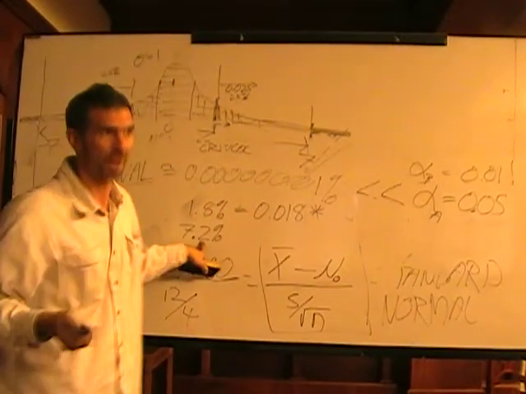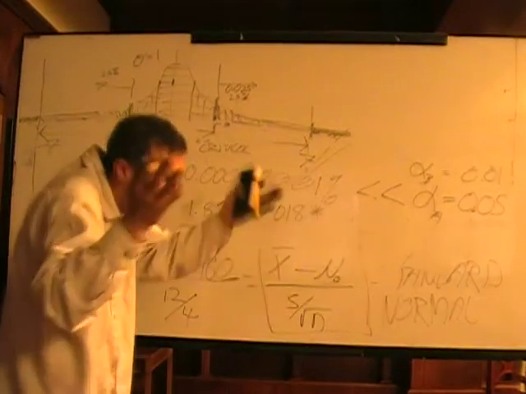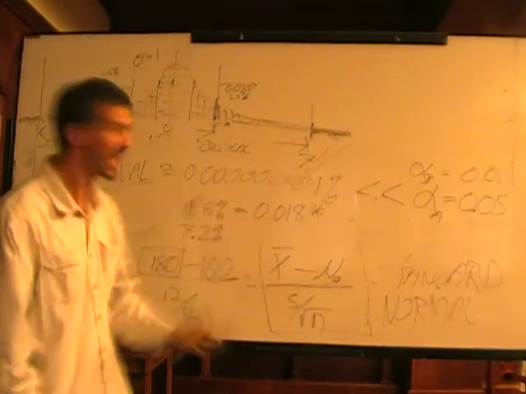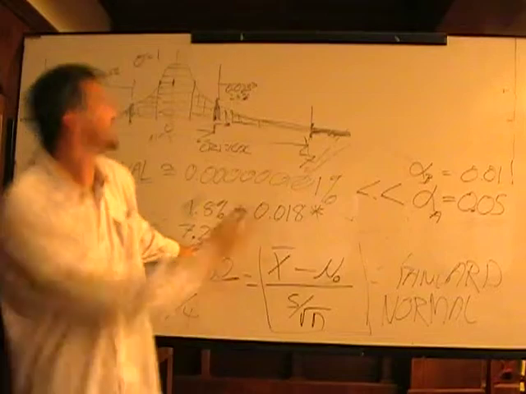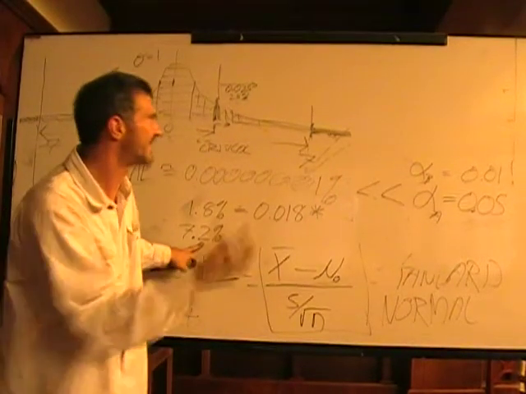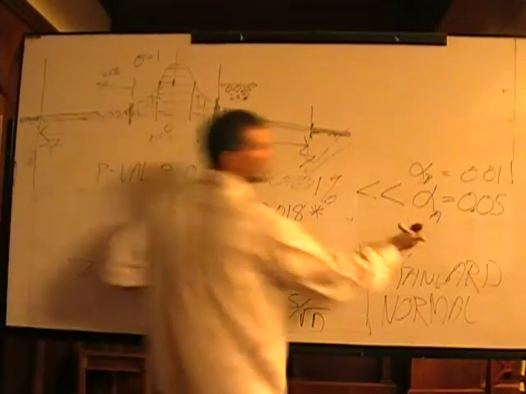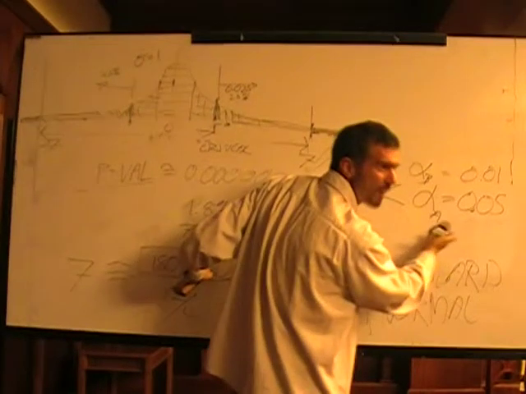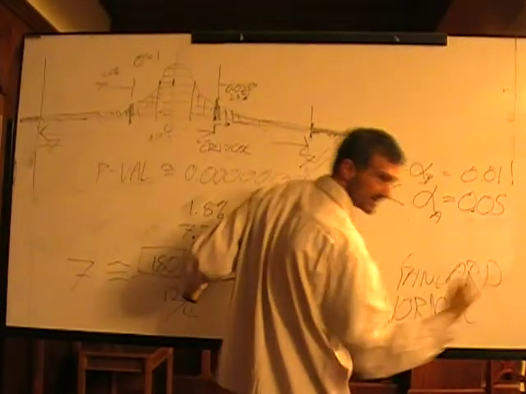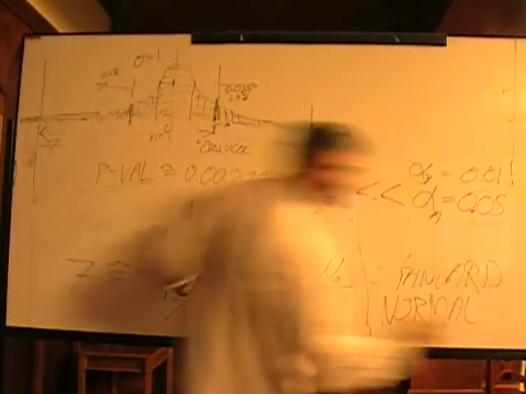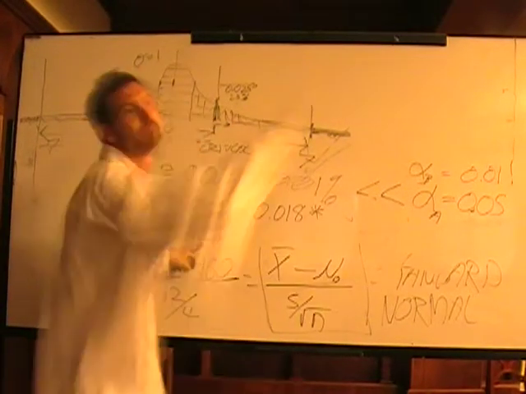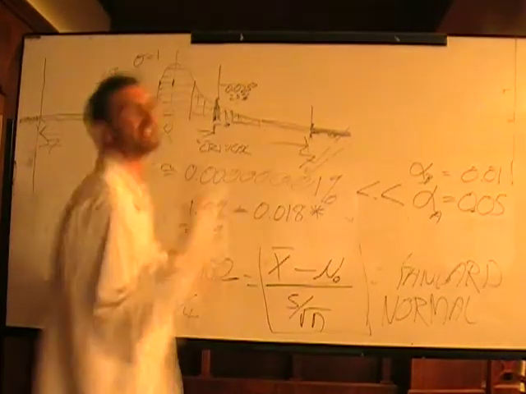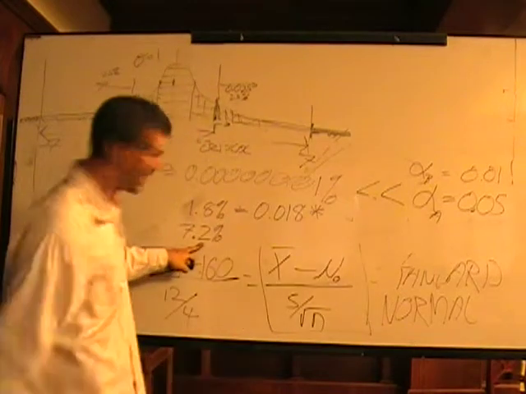It doesn't get a star. I'm serious with the stars. Because it does not represent stronger than alpha level evidence, statistical evidence to reject, to make a decision of rejecting.